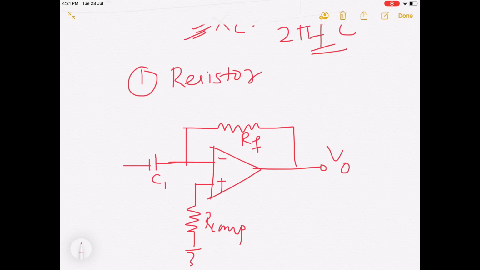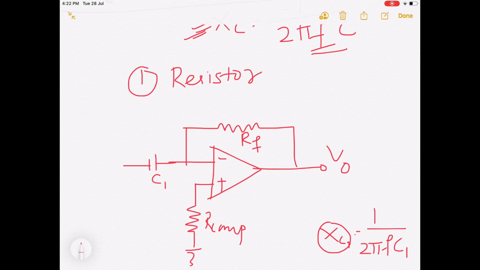Now, as frequency increases, the gain of the differentiator also increases due to reduction of input impedance, as we have seen Xc1 is equal to 1 upon 2 pi Fc1. So, at low frequency reactance is high, but at high frequency reactance is very low, right, and at high frequencies noise will easily enter.